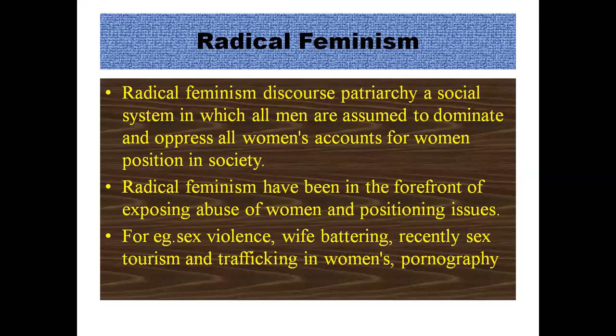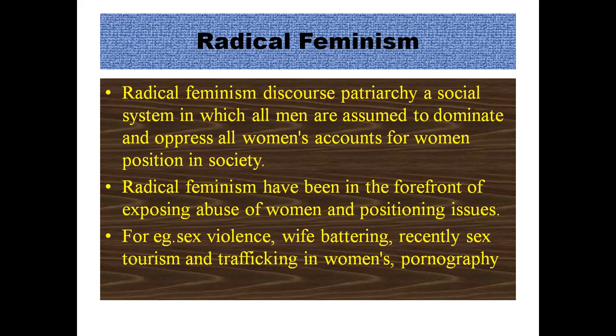Now, radical feminism. Radical feminism is a philosophy emphasizing the patriarchal roots of inequality between men and women.